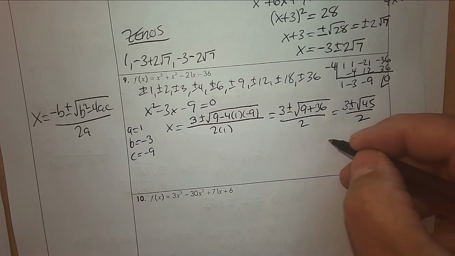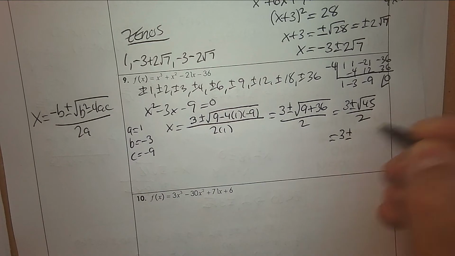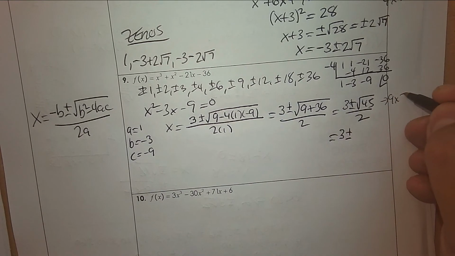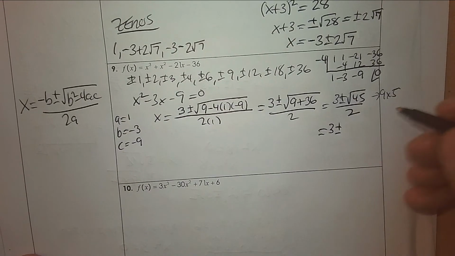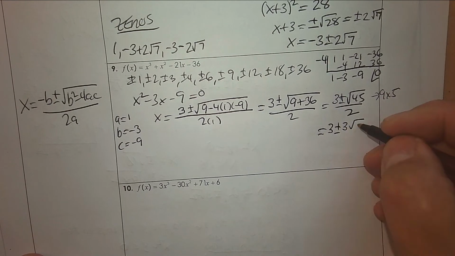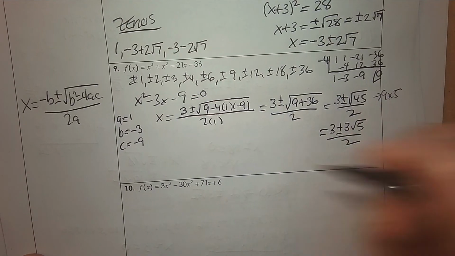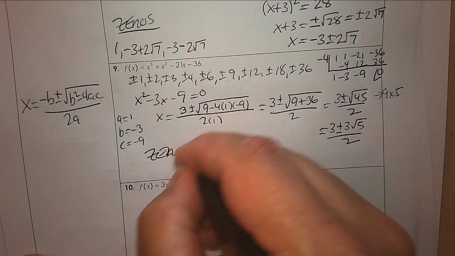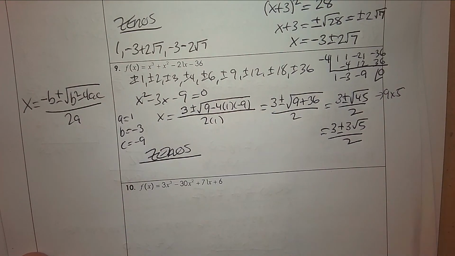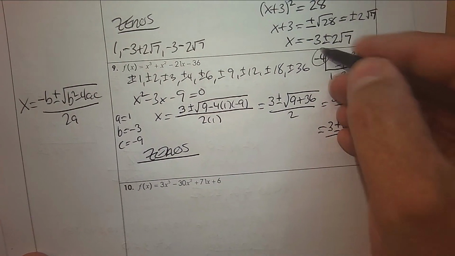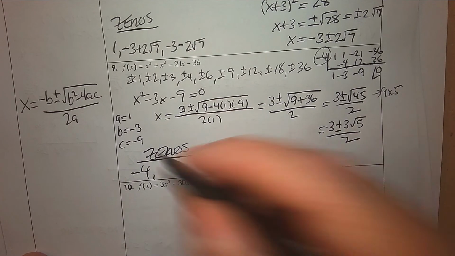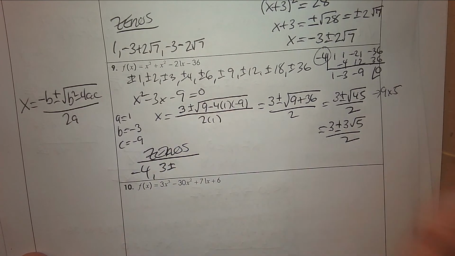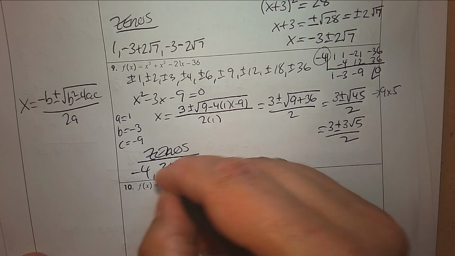And if you wanted to, 45 is 9 times 5. So the square root of 9 is 3, and what's left over is root 5 over 2. And there you go. So what are all the zeros? The first zero we found was -4. And then the irrational are 3 plus and minus 3 root 5 all over 2.